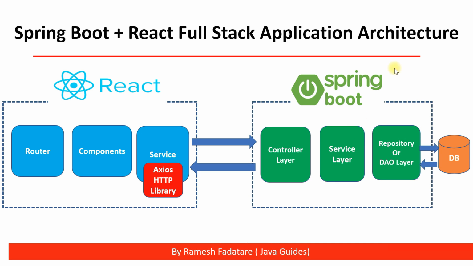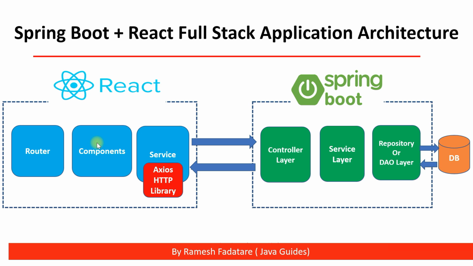All right, now let's move to React application architecture. In React we have different layers like router, components, and services. Different developers follow different architectures or project structures in React applications, but typically I see components layer, service layer, and router layer. In a router we typically configure a URL corresponding to components, and in components we keep all the component related logic, that is UI logic.